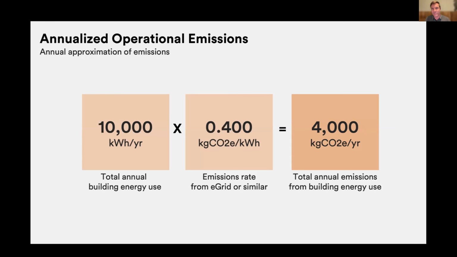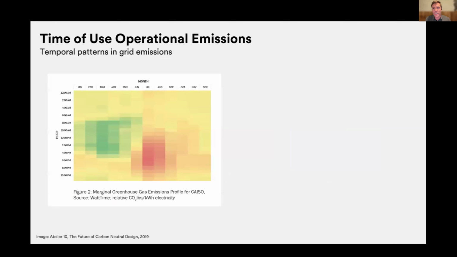But obviously, and I think Jared will cover this in more detail, this is only the first part of the picture in aggregate. We see that time of use, the hour in which that energy is used, really matters for the emissions associated with it. This is a graphic from a 2019 report from Atelier 10, and it's a simplified version of hours of each day across months of each year, showing patterns in marginal emission rates.